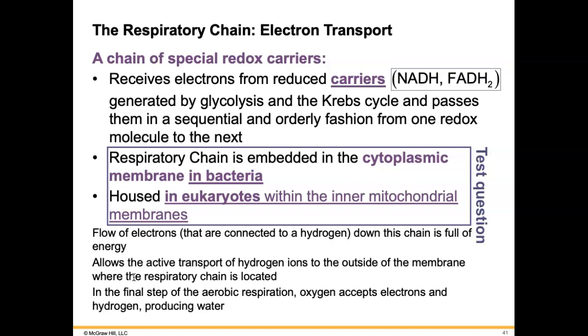And so when these electrons start being passed along and along this chain, and we're going to look at a picture of this in a second, it kind of winds it up like a rubber band plane. So that allows the active transport of hydrogen ions to the outside of the membrane where the respiratory chain is located. And in the final step of aerobic respiration, oxygen accepts the electrons and hydrogen, producing water.